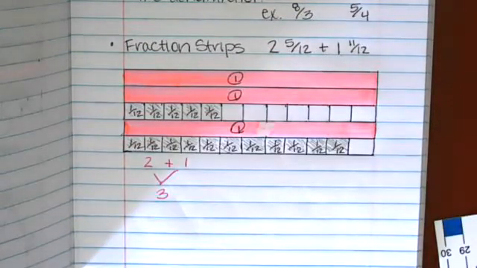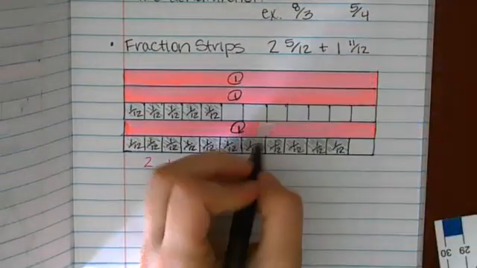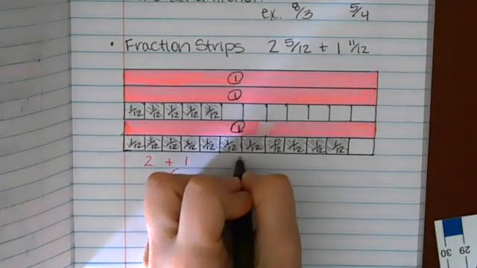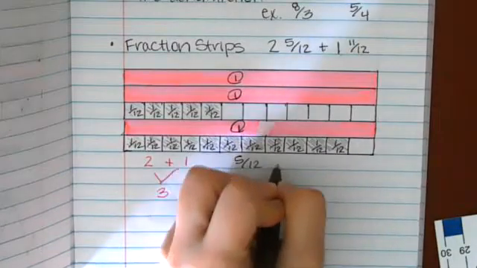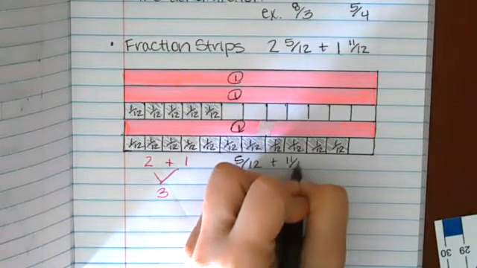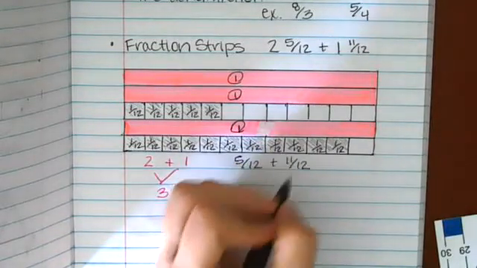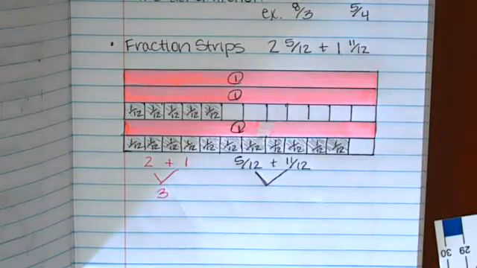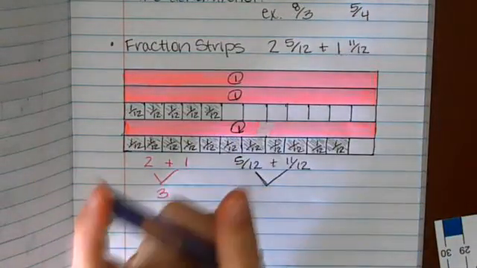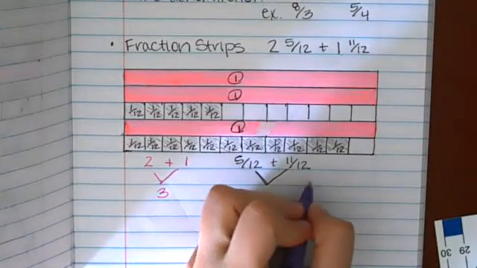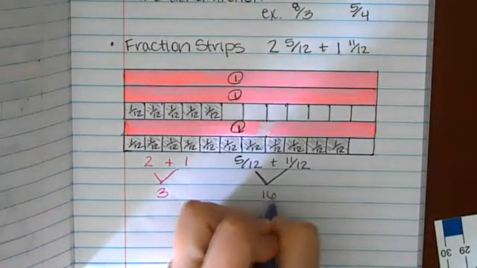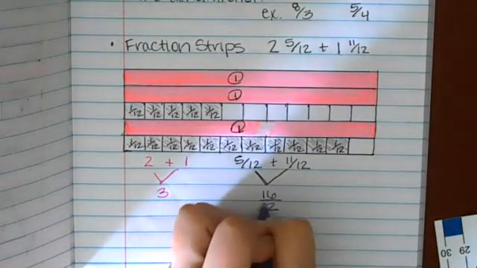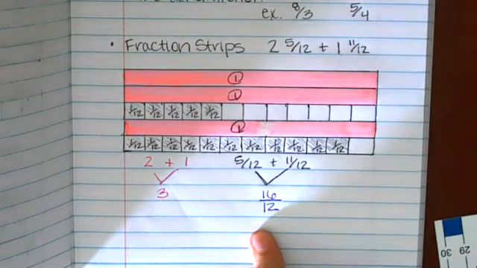I have 5/12 plus 11/12. When I add those together, I find out that I have 16/12, which is an improper fraction.